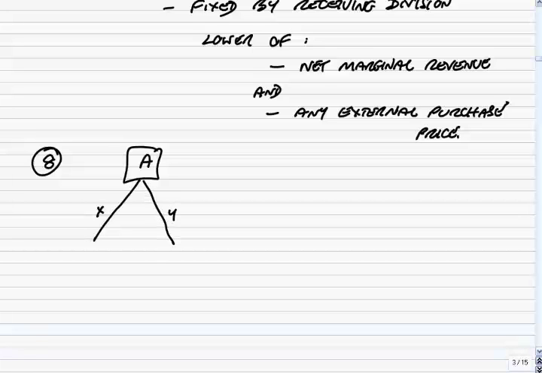Product X, the costs are 60, and we sell it for 80. Product Y, the costs are 70, and we sell for 100.